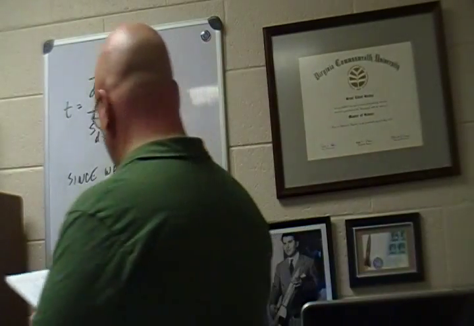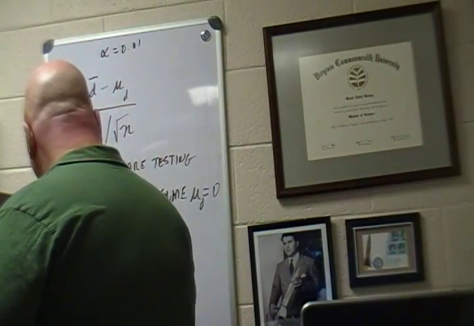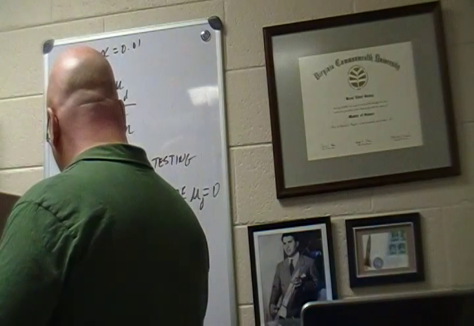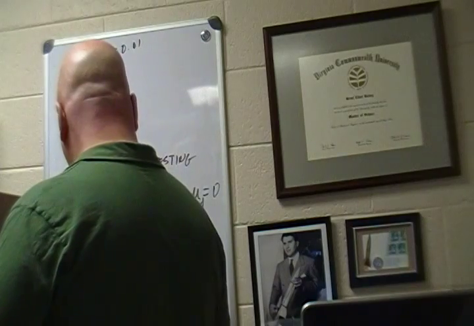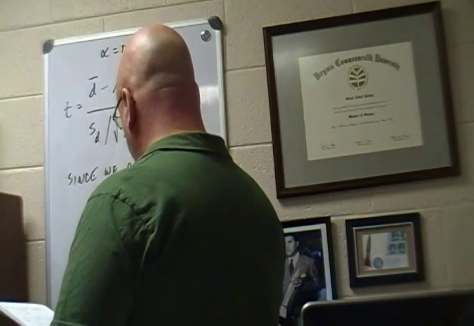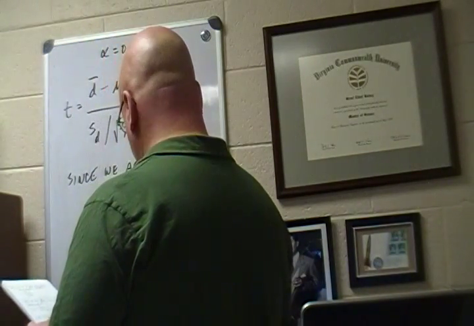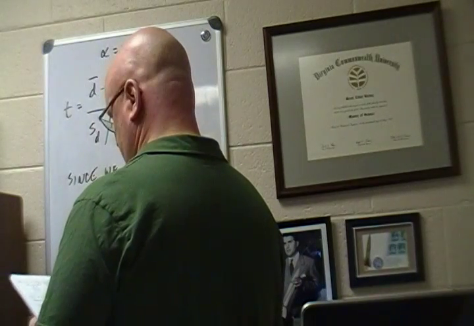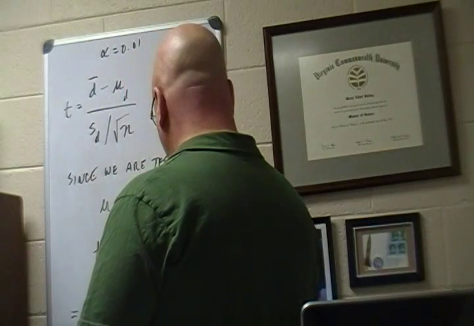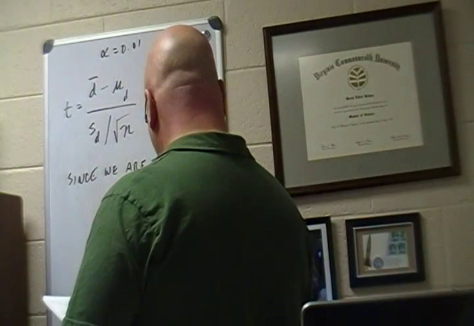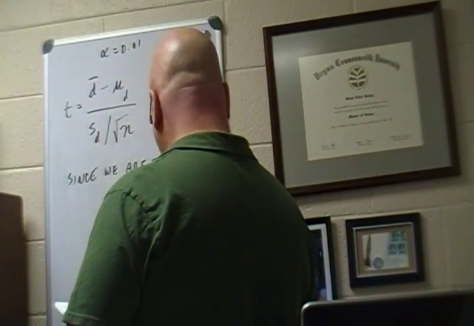In Excel, it would look something like this: equals 1.045 minus 0, that's my numerator, divided by, I'm going to put my whole denominator in parentheses to be safe, 0.474 divided by 11 raised to the 1/2 power.